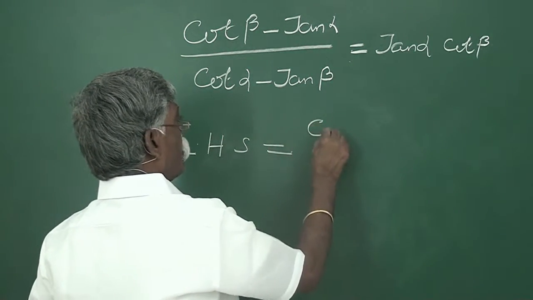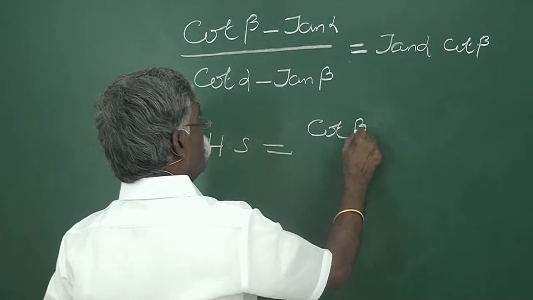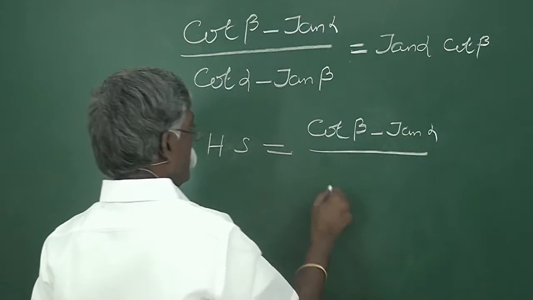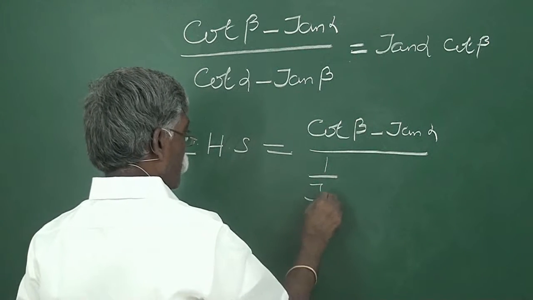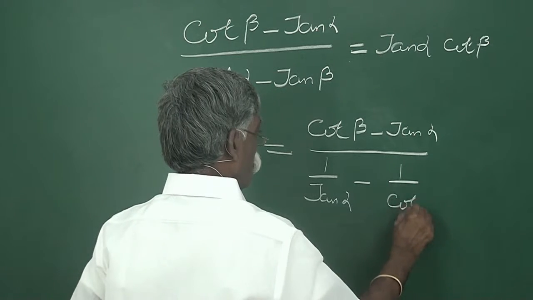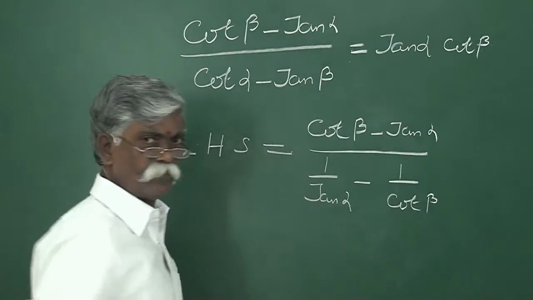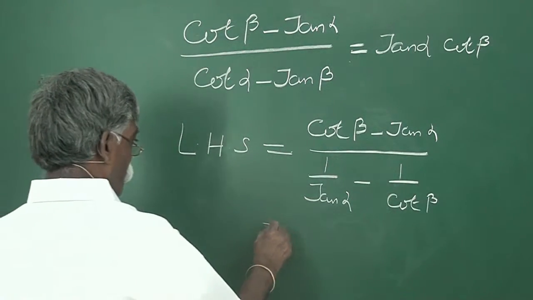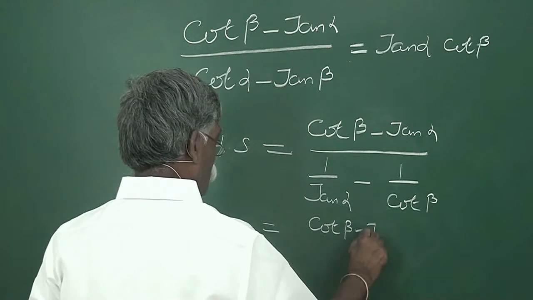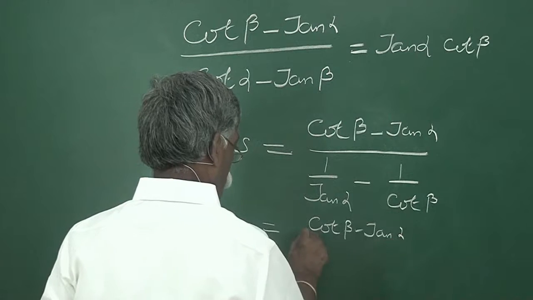the numerator is cot beta minus tan alpha by, this we will write as 1 by tan alpha minus this is 1 by cot beta. Now we will take the LCM. The numerator is cot beta minus tan alpha.